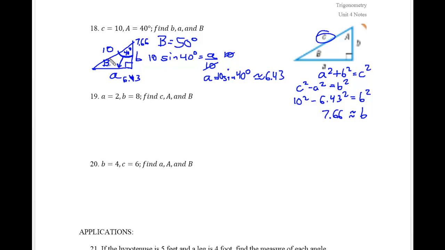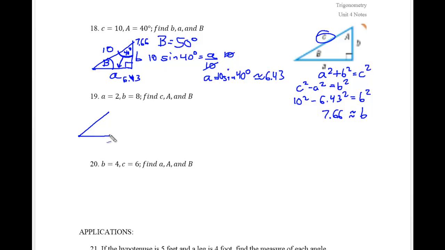The 50 degree angle is across from the medium size side, which is 7.66. And the biggest angle, which is 90 degrees, is across from the biggest side, which is the hypotenuse. So it's a good way to check your answer to make sure you didn't make a mistake. When you get your final answer, make sure that that relationship holds true. It might save you some points on the test.